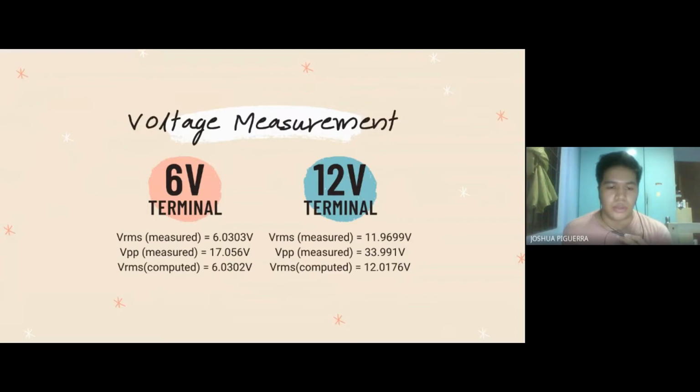The VRMS measured in the 6 volts terminal was 6.0303 volts, while the V peak to peak measured is 17.056 volts.